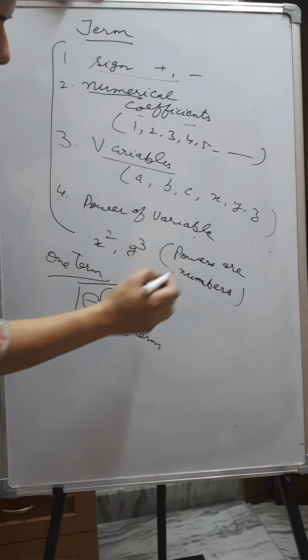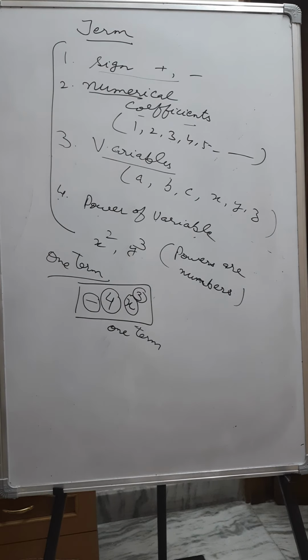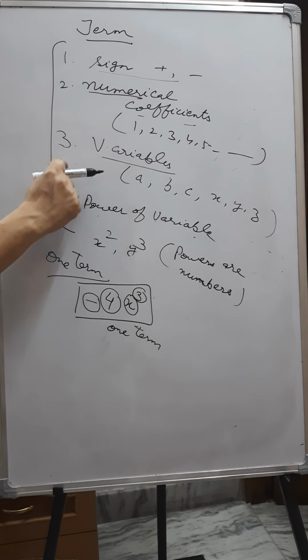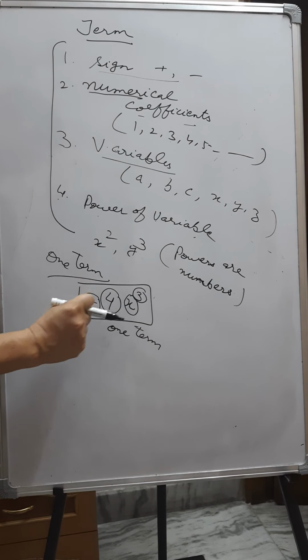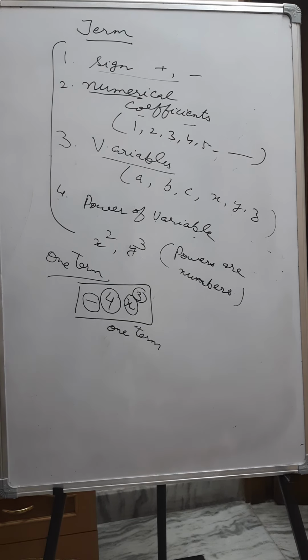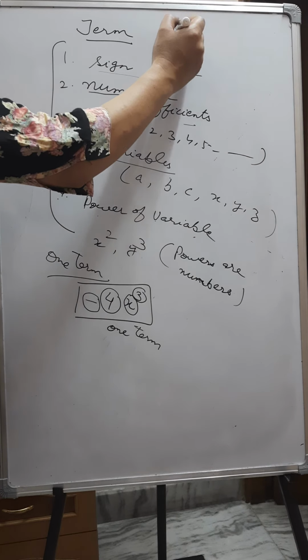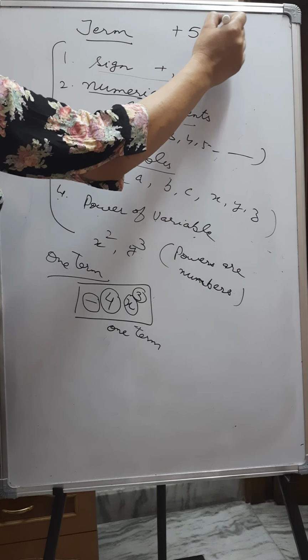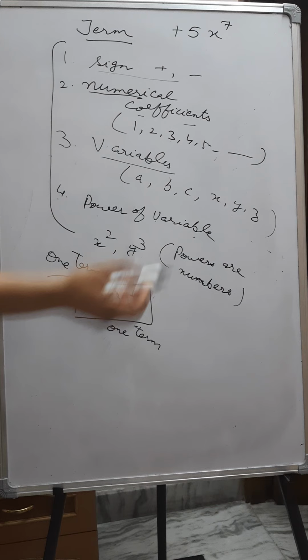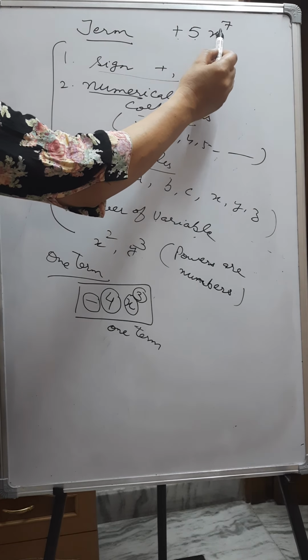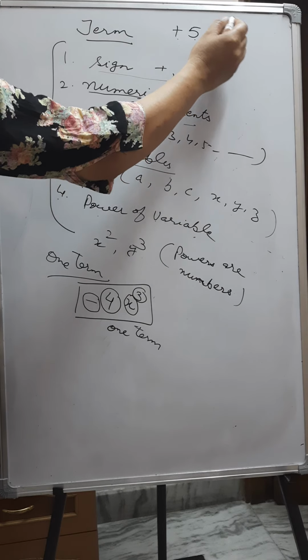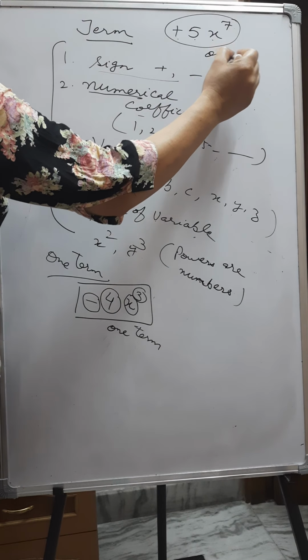Fourth is the power of the variable, 3. All four things together form a term. Followed by, like, plus 5 x raised to power 7. Sign is there, numerical coefficient is there, variable is there, power is there, so it is one term.